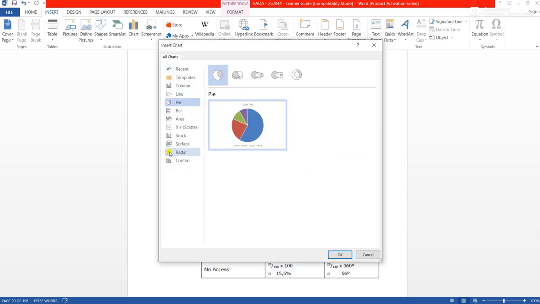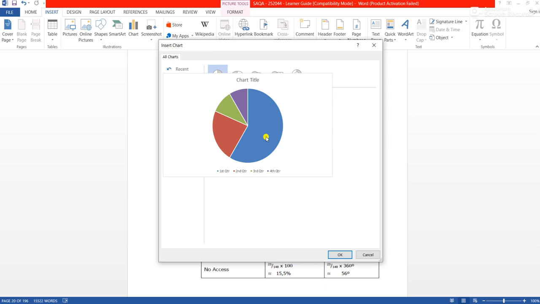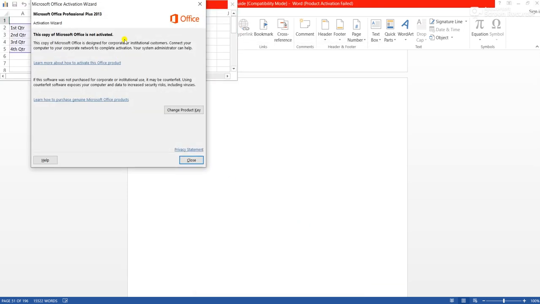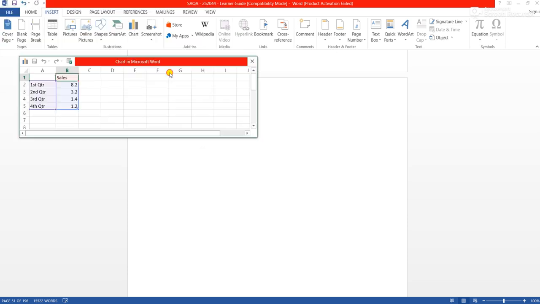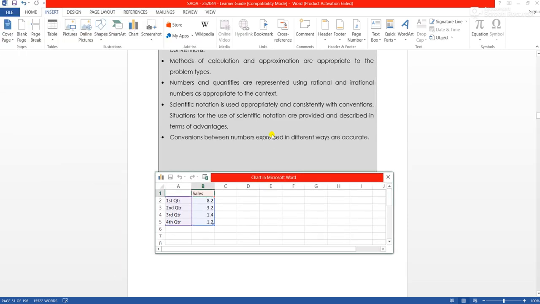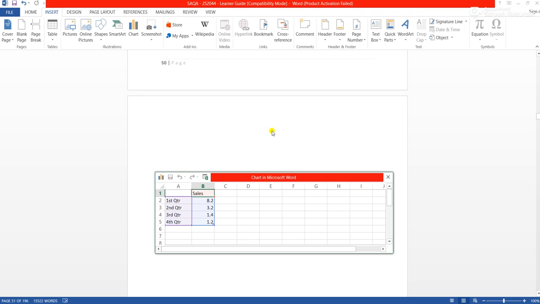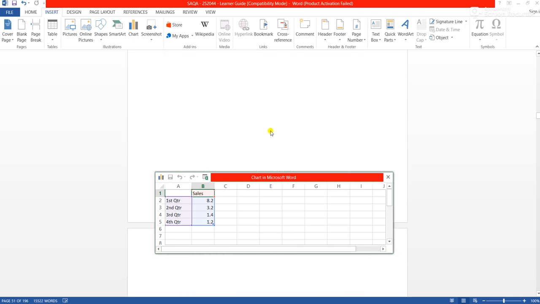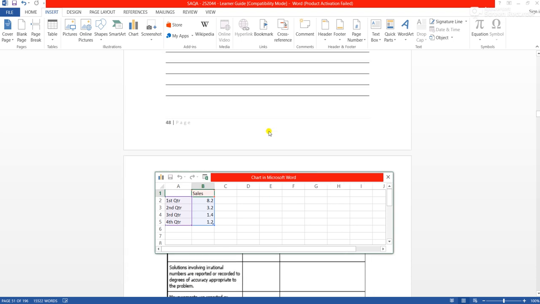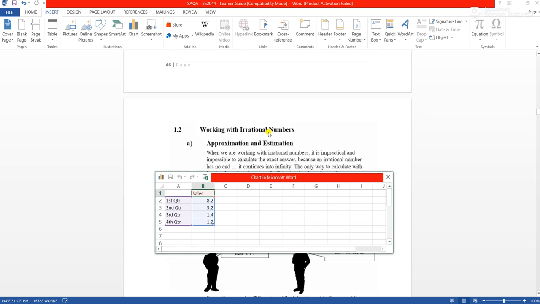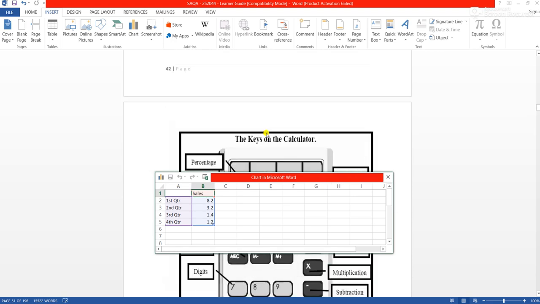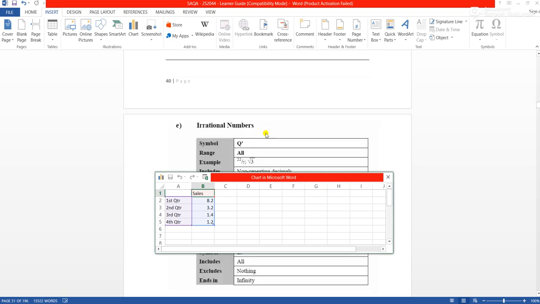Then you go to pie chart and click OK. The data that we have is based on, okay, is it session 2 or session 1? It's session 2. Let's go back. Sorry about that.